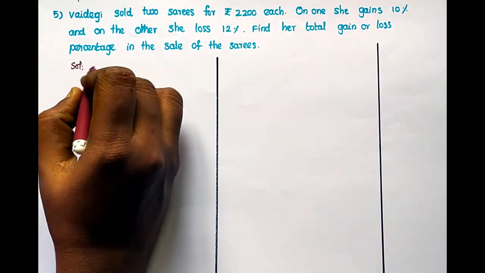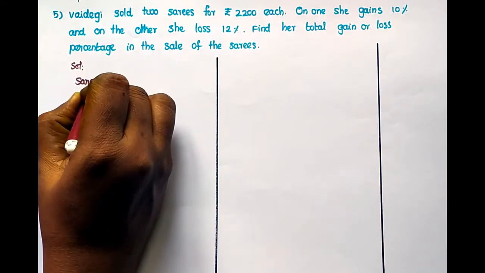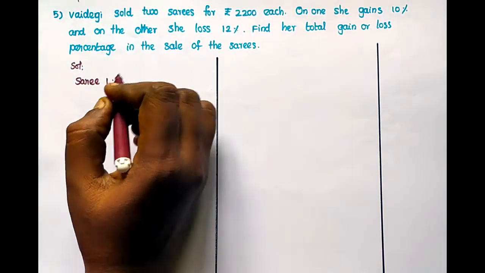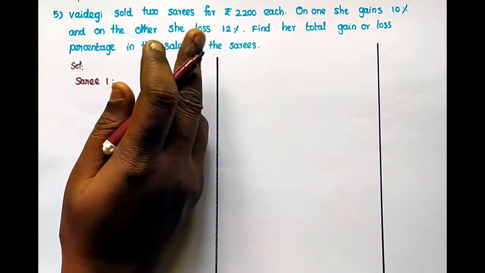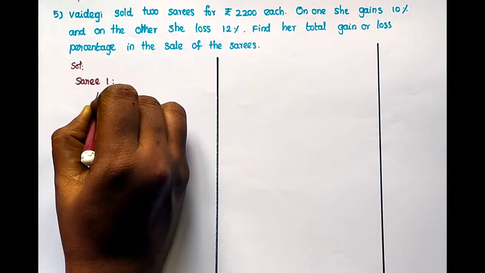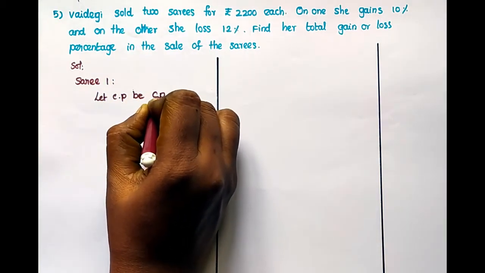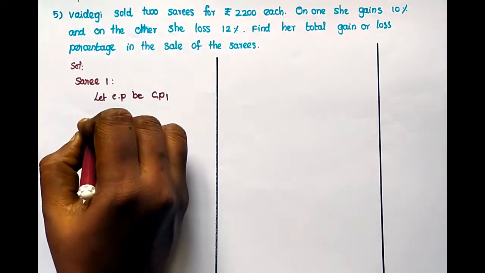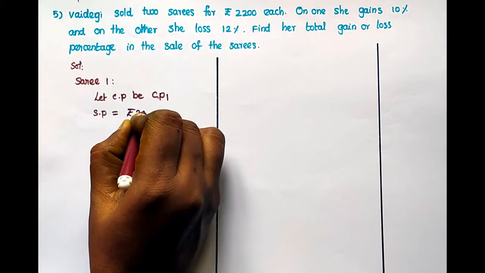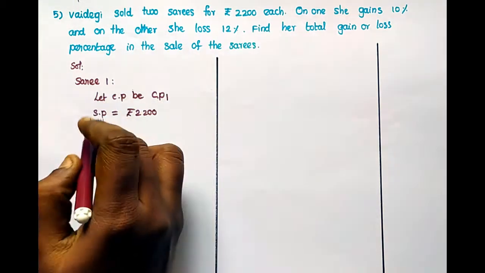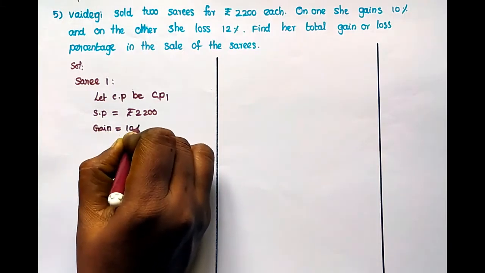So first take saree 1. Let the cost price be CP1 and they gave selling price rupees 2200 and profit, that is gain percentage, equal to 10%.